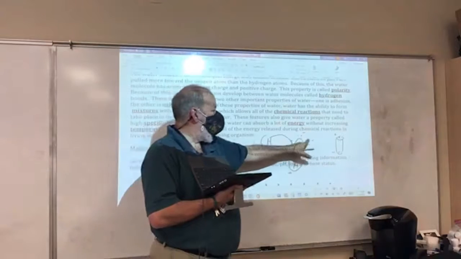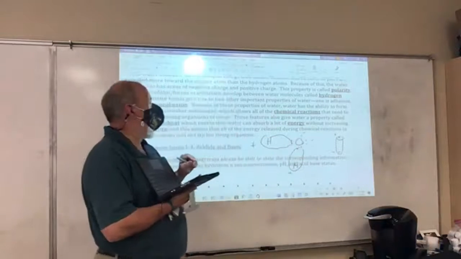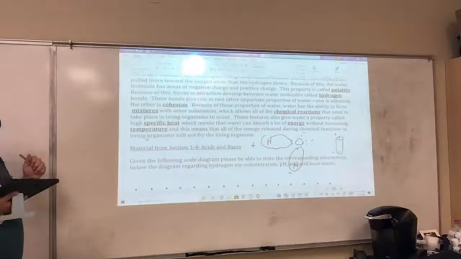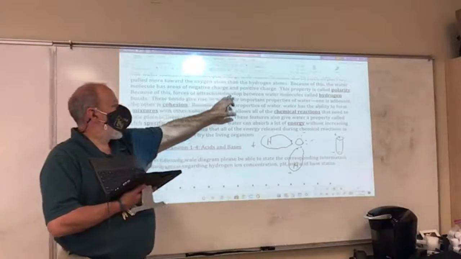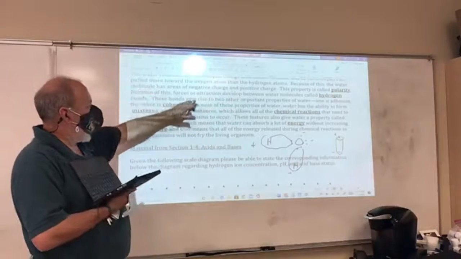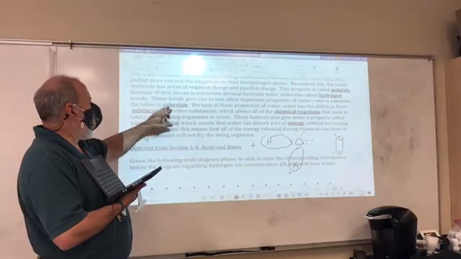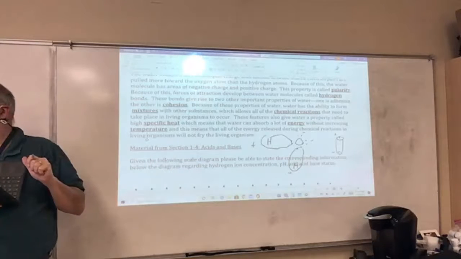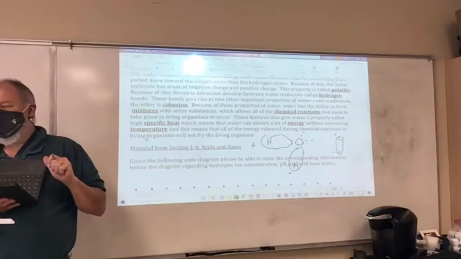The negative part of the water molecule attracts the positive part of another molecule. They want to stick together. Okay? And these forces of attraction are called hydrogen bonds. These bonds give rise to two other important properties of water. One is adhesion and one is cohesion. Yeah. Is this going to be the exact paragraph? It's going to be the exact paragraph.